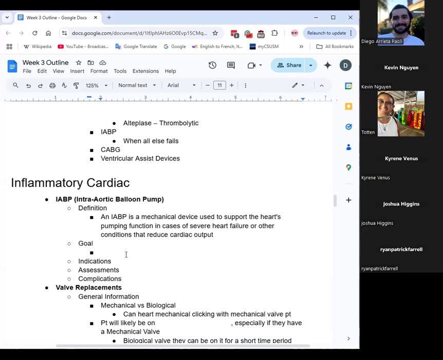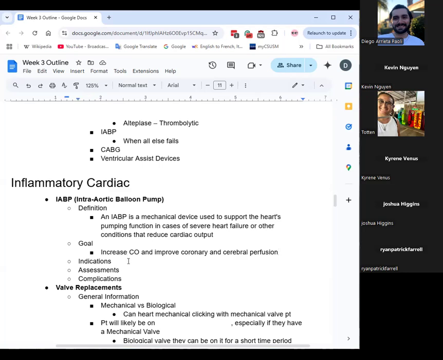We're going to try our best to increase cardiac output and improve coronary and cerebral perfusion. That's our goal, because two of the most important organs in our bodies are the heart and the brain. If you have pump failure, that's not happening, so we're going to help the heart here.